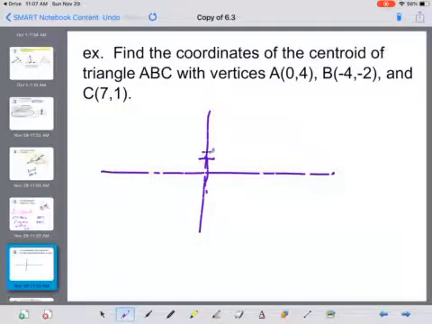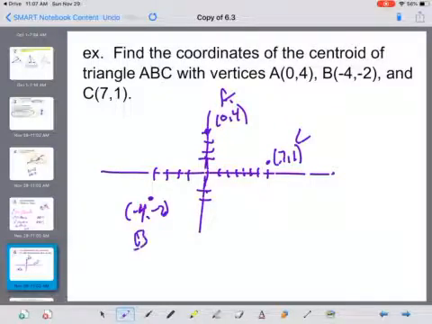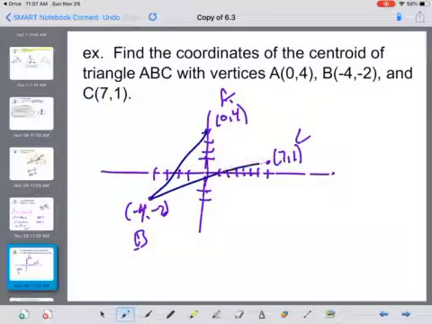So A is 0, 4, B is -4, -2, and C is 7, 1. So when I have my triangle here, find the coordinates of the centroid.